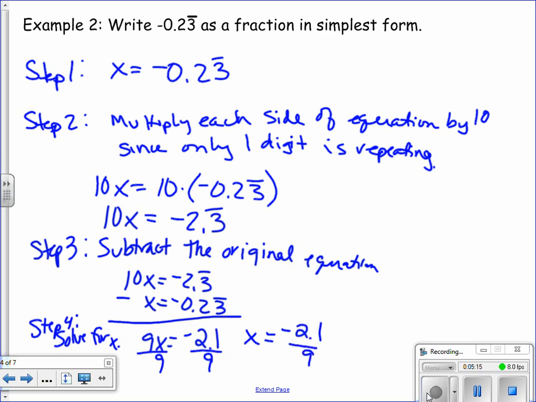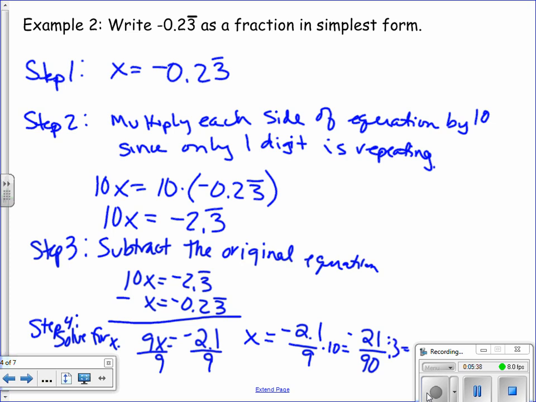Now we want this in simplest form. So we can't have a decimal inside a fraction. What we're going to do is multiply each one by 10. So then we have 21 over 90. And then we see if we have any common factors. 3 can go into each one of these, 21 and 90.